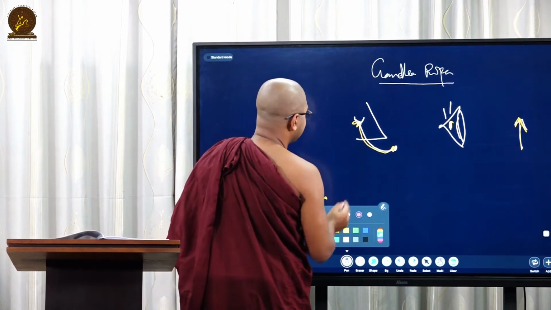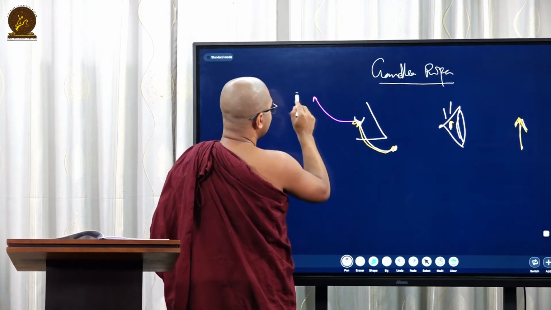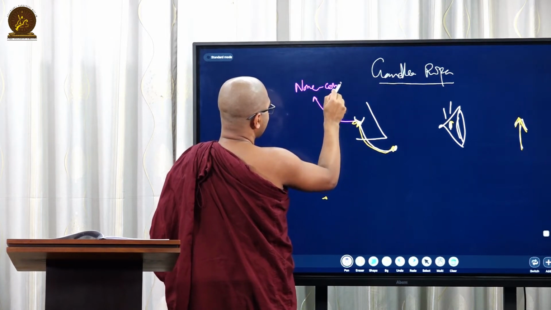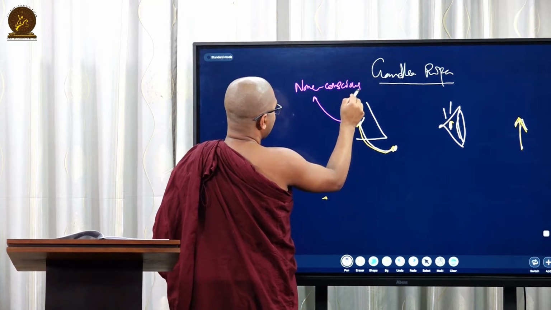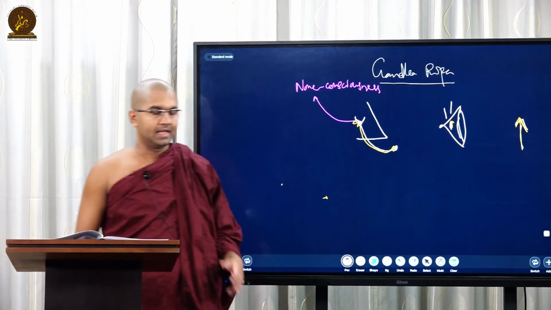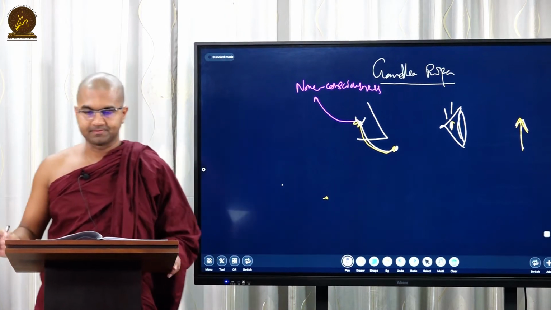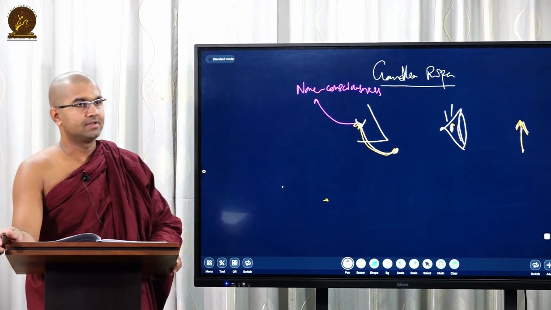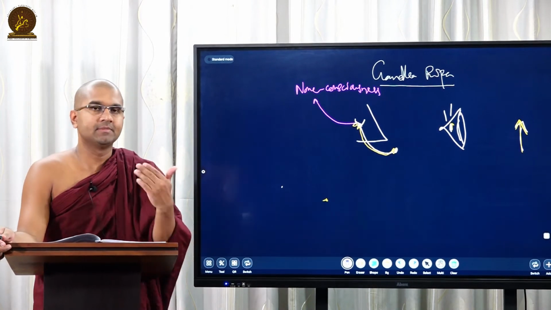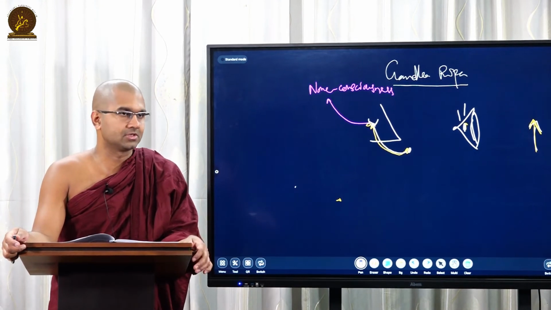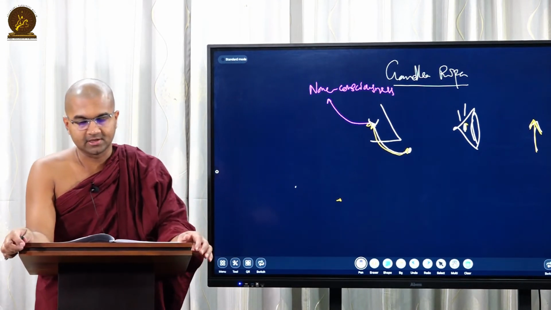When this striking happens, a consciousness called nose consciousness occurs in the sensitivity, and it smells the object. These are the main functions of the Gandharupa: becoming sensitive to the nose and causing the arising of the nose consciousness.